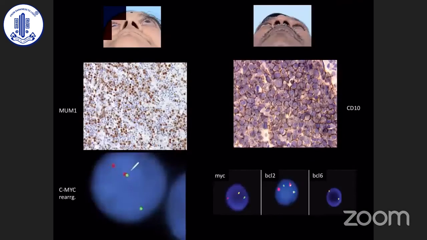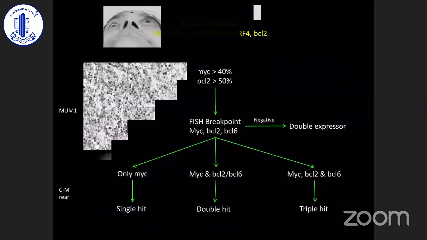Let's go back to the previous slide. Now, the lady survived, while the man succumbed to disease. Triple hit lymphomas carry a poor prognosis as compared to the single hit lymphomas. They also have a greater chance of CNS involvement as compared to single hit lymphomas.